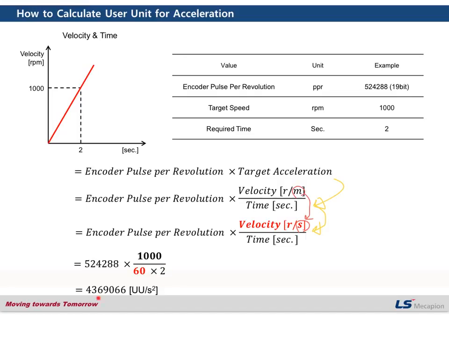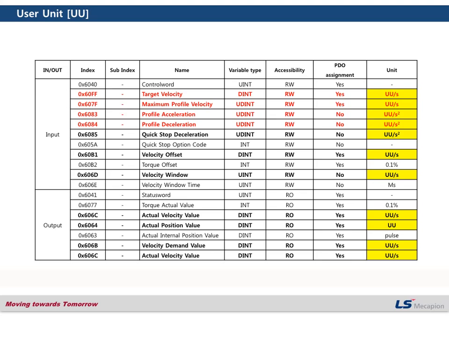So we can get this value, and this is the acceleration value, which has a user unit. So we can set all these parameters, even if some parameters have a user unit value. Now we know what it is and how to calculate this.